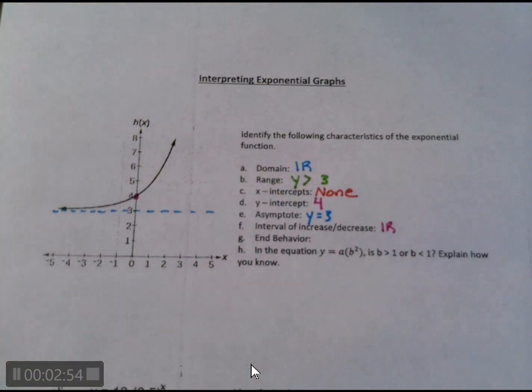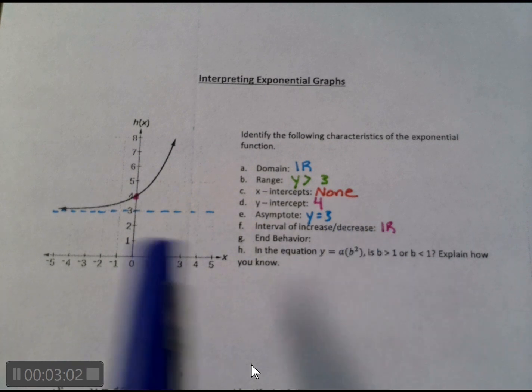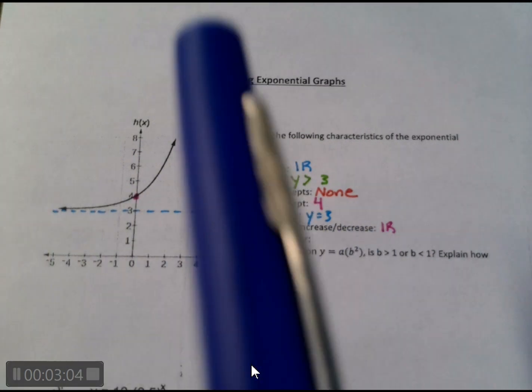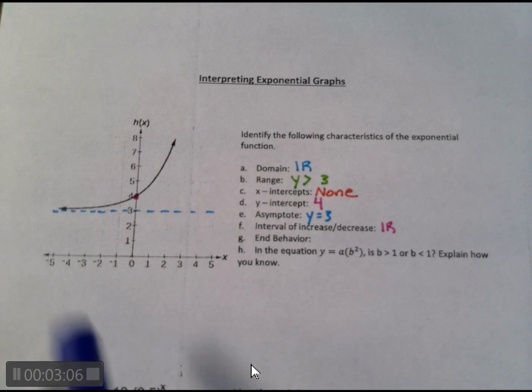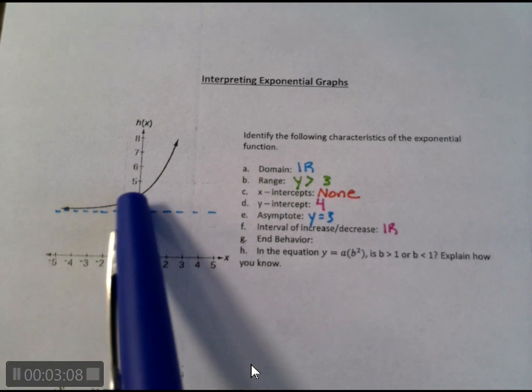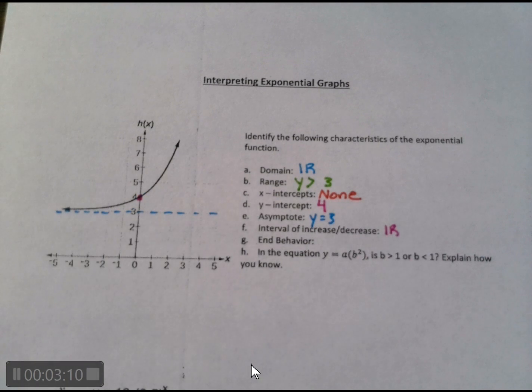So, I'm going to put all real numbers, because I like all real numbers. Doing okay? So all real numbers, again, is just another way to say from negative infinity to positive infinity, because we are just following our graph, and since it always increases, it is always going to be all real numbers.